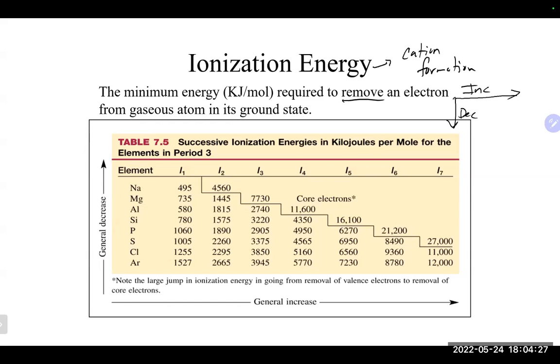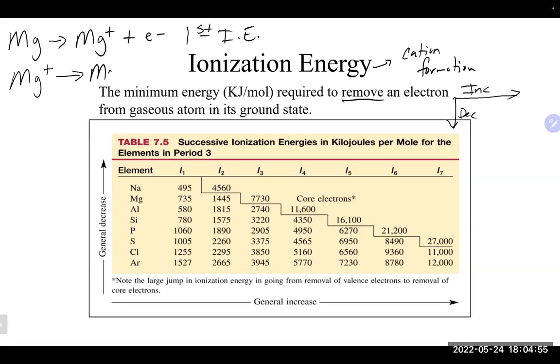So, for example, if we take our good friend magnesium, and it decides I want to ditch an electron, the first thing that's going to happen is it will give away an electron and become +1 charge. And this is what is referred to as the first ionization energy. That's the energy required basically to pull off the first electron. The next thing that would happen is that guy that lost the first electron would then lose another electron.